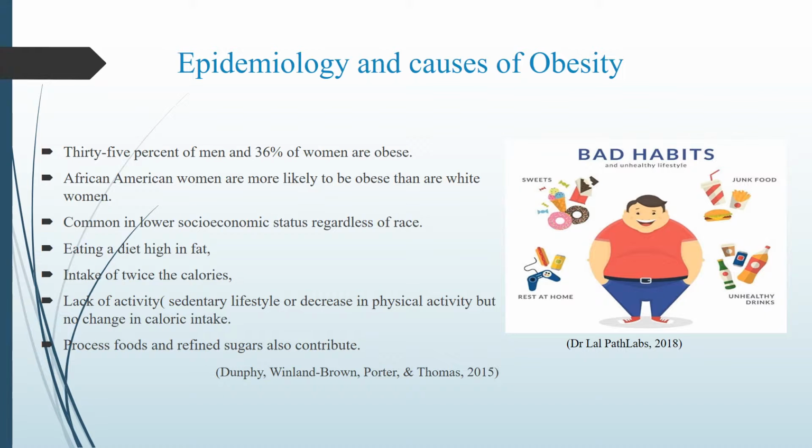But I noticed now some of the places are giving out more fresh vegetables, frozen meats, chicken, a lot of beef, and so I think they're coming to realize that even though people may not be able to afford certain foods, their health is still in consideration. Intake of twice the calories.